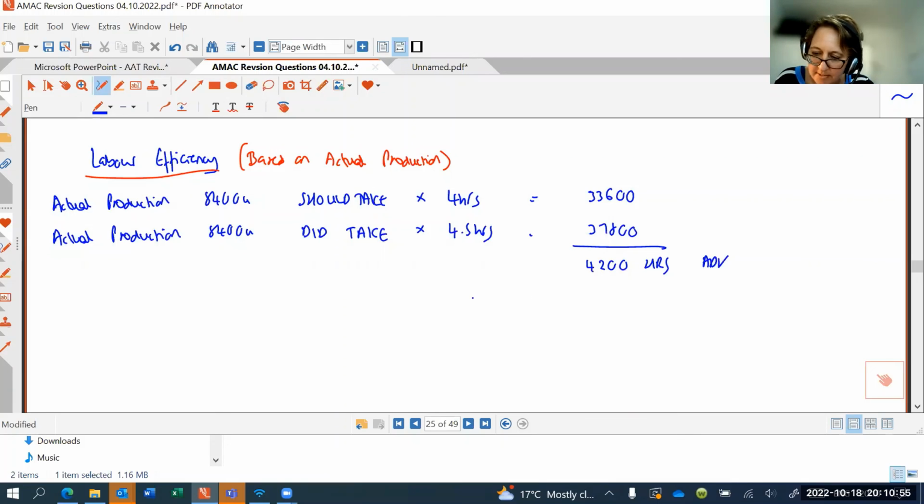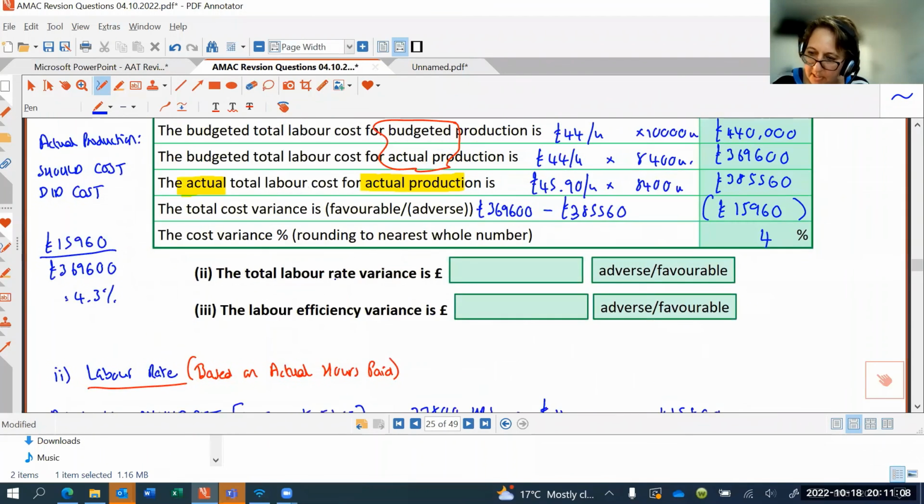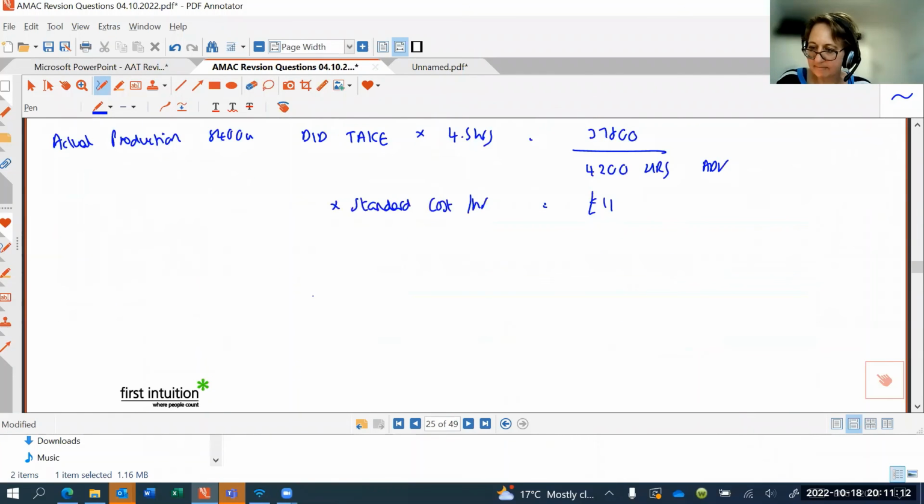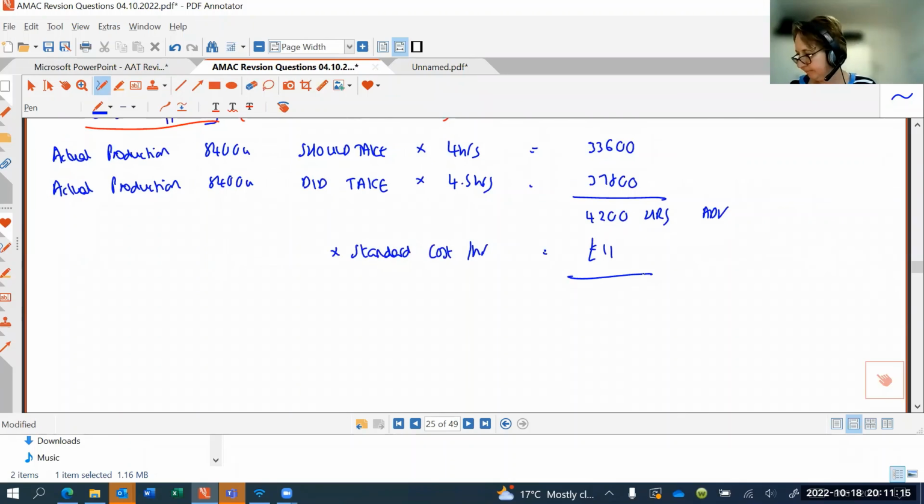So it's adverse. Then you multiply it by the standard cost of an hour, which we know from the question. See if I've remembered it properly. Standard cost 1 hour, yeah, £11. There we go.